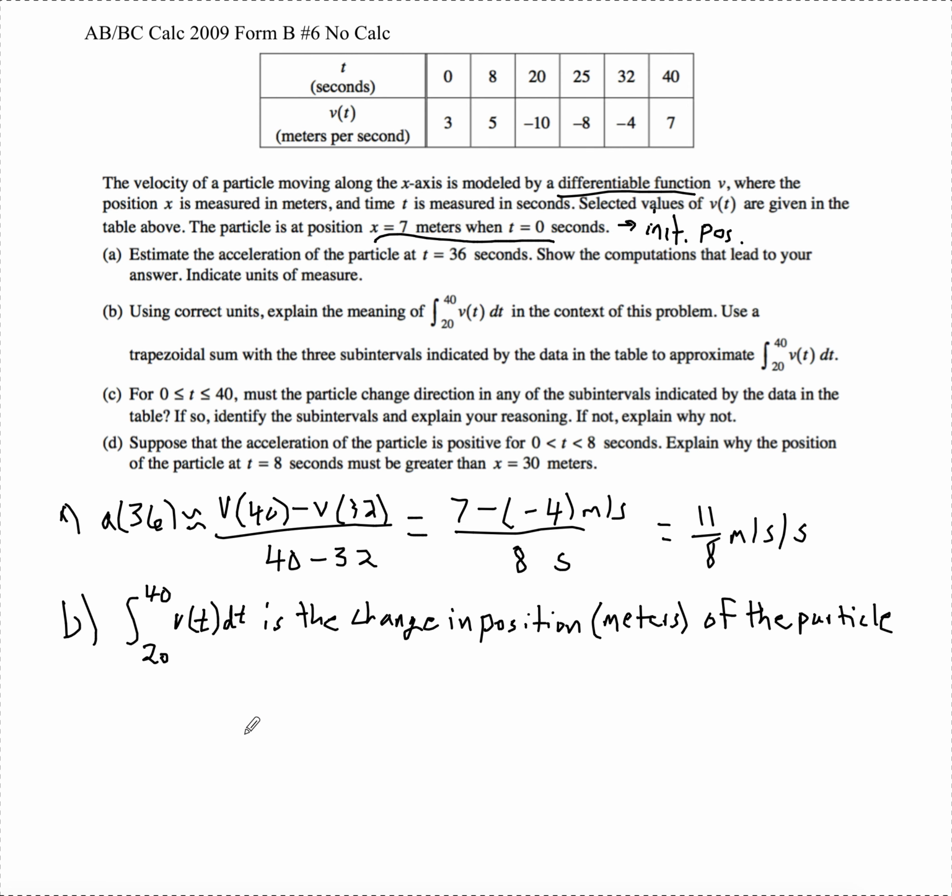Then we have to always go to the time or the interval or whenever it's happening. So the change of position in meters of the particle on the interval from 20 to 40 seconds. There we go.